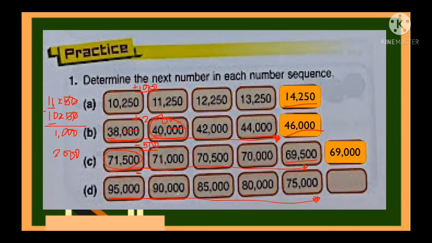The difference between those two numbers is 5,000. So 75,000 minus 5,000? Yes, good job. It's 70,000. That is only a quick review of our lesson last time, which is the number sequences.